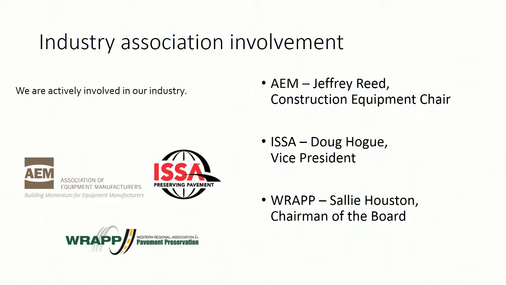And the Western Region Association of Pavement Preservation, Sally Houston, who works in our laboratory, is the chairman of the board. We believe when we join an association in our industry, we're going to show up and we're going to participate. We're not just members, we're active members. And I wanted to show you this to show you how we're committed to furthering pavement preservation and to help train someone new to the industry like the city of Ridgecrest would be.